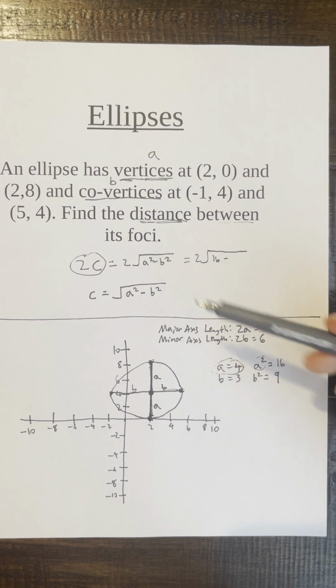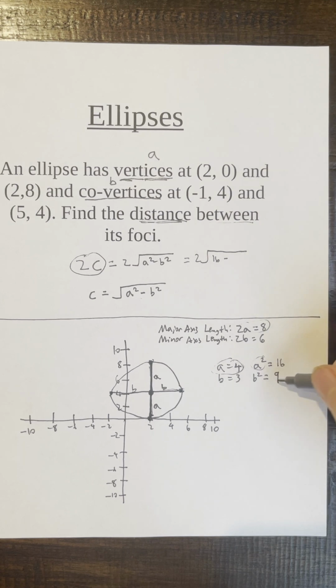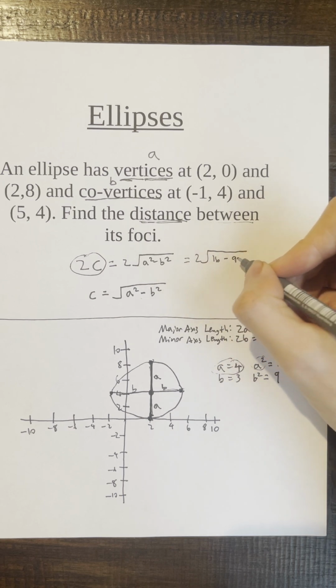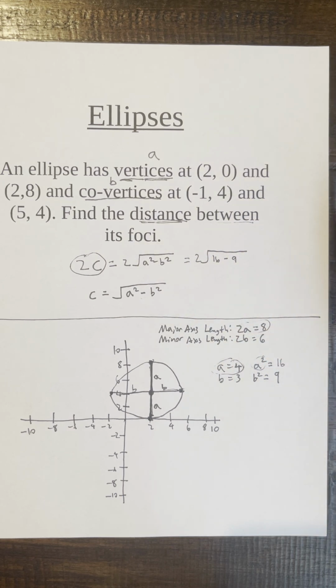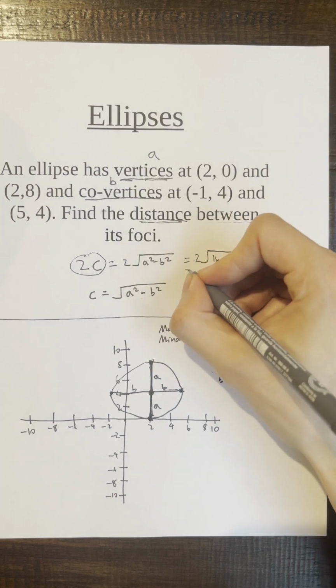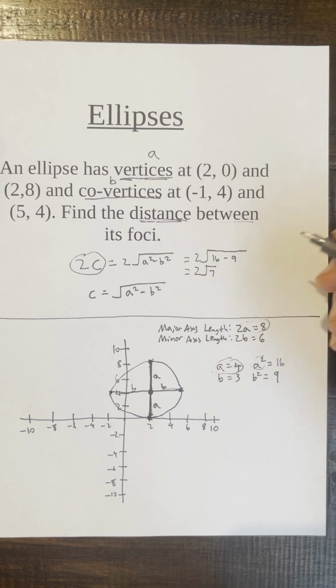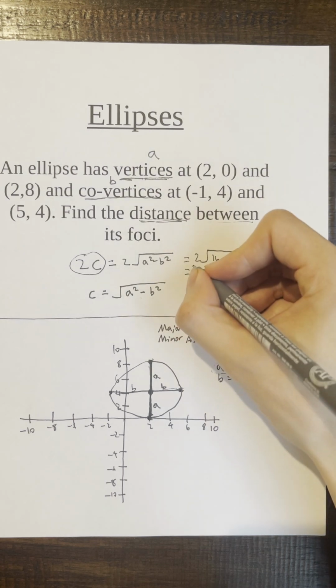And this becomes how much? 16 minus 9 is how much? Can we simplify this radical? Nope, we cannot. So this is your answer.